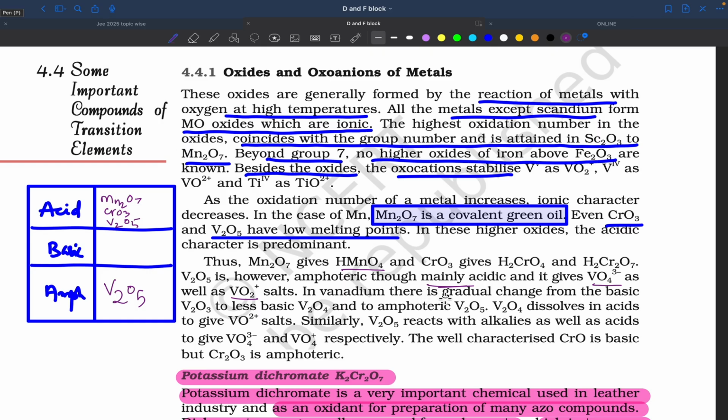In vanadium there is a gradual change from basic V2O3 to less basic V2O4 to amphoteric V2O5, right? So it dissolves in acids and forms these ones. V2O5 reacts with alkali as well as acids to give VO4 3 minus and VO2 plus respectively.